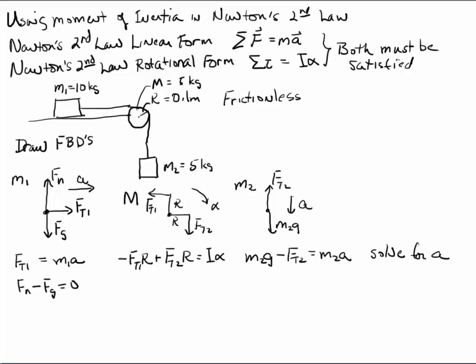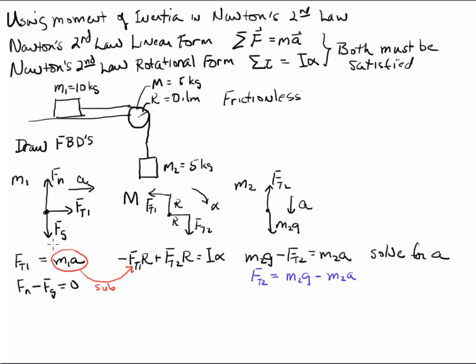Now we want to solve for a. The first thing I want to do is substitute for the force of tension 1. It's mass 1 times the acceleration, and we obtained that from the first equation.